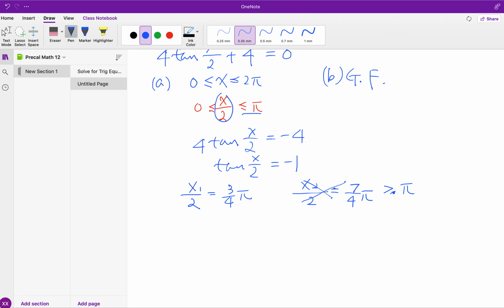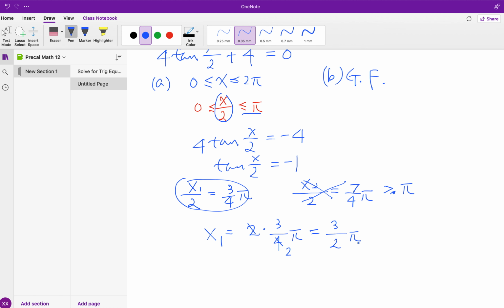We just have this solution here to be considered. So in this case, x1 equals 2 multiplied by 3 over 4 pi. The 2s cancel, so therefore x1 equals 3 over 2 pi.